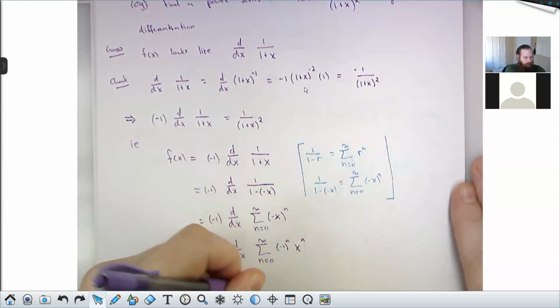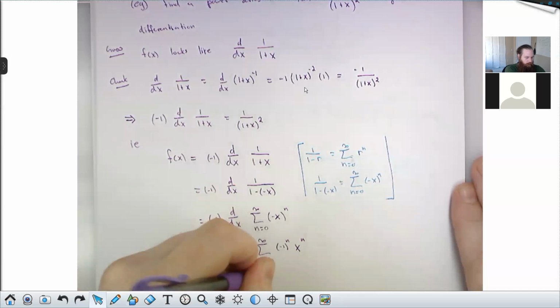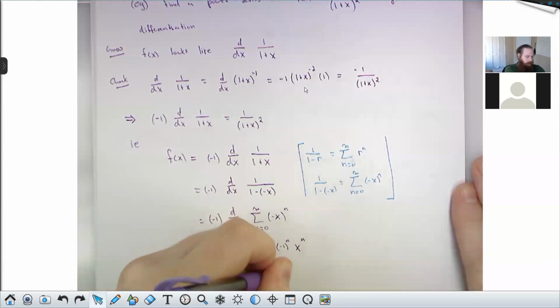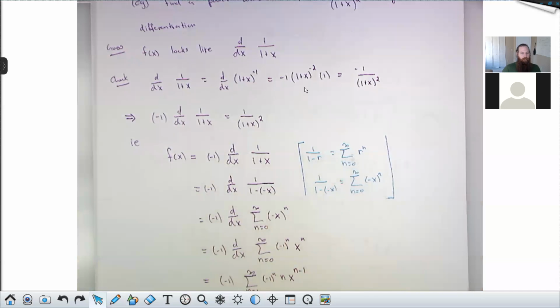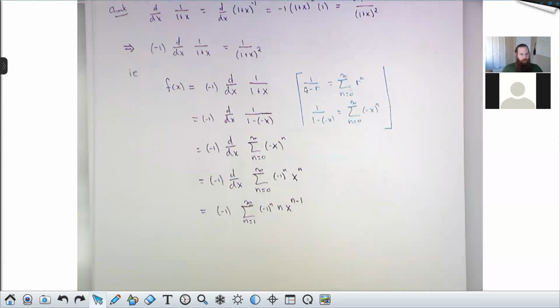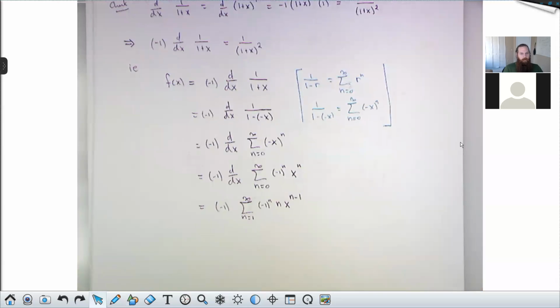This will be sigma n from 1 to infinity, negative 1 to the n x to the n minus 1. That's what the derivative looks like. I had to bump the n equals 0 starting index from 0 to 1 because the series I'm differentiating here does have a constant term.